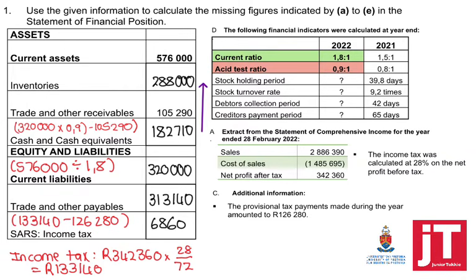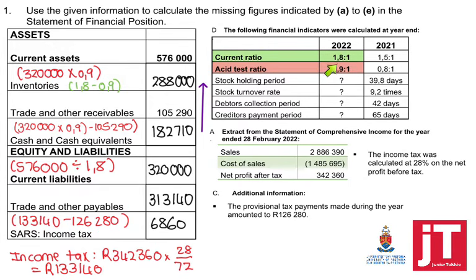Now we can calculate our inventories by taking the current assets and we subtract the trade and other receivables and cash equivalents. Another option, we could have taken inventories and we could have said current liabilities times 0,9. So where do we get that 0,9?